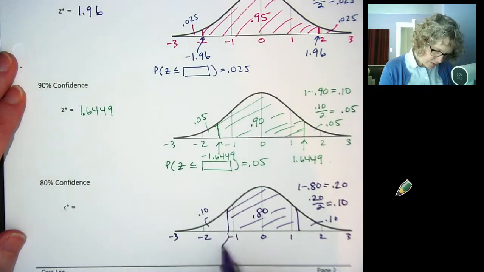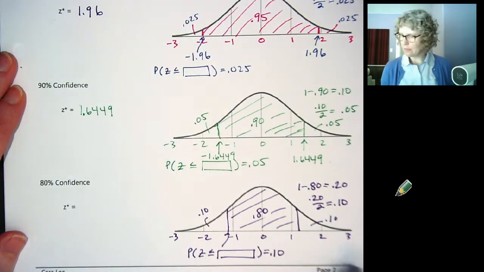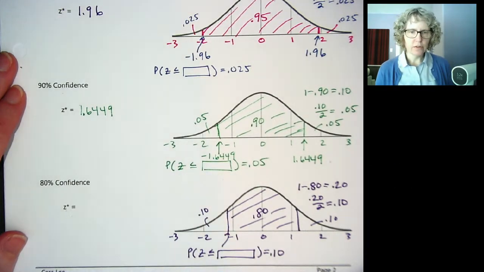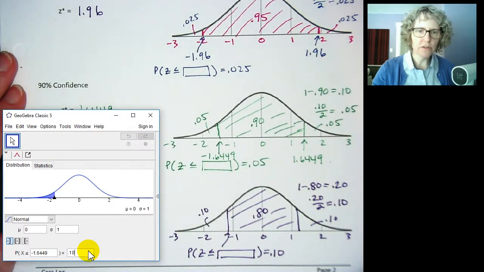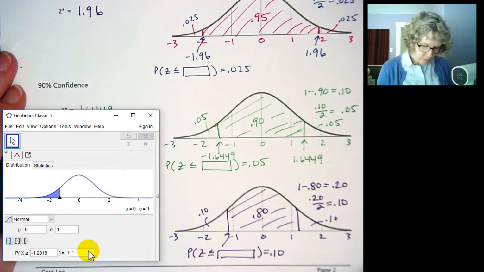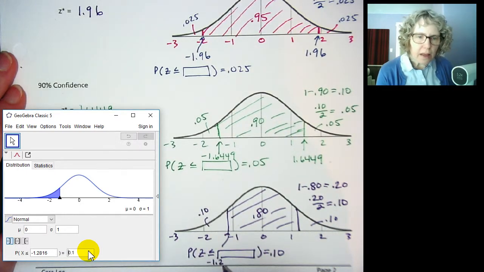Let's find our z-score, z-star. Probability that z is less than or equal to what equals 0.10, 10%. So here's GeoGebra. I'll just change that to 0.10. Negative 1.2816.